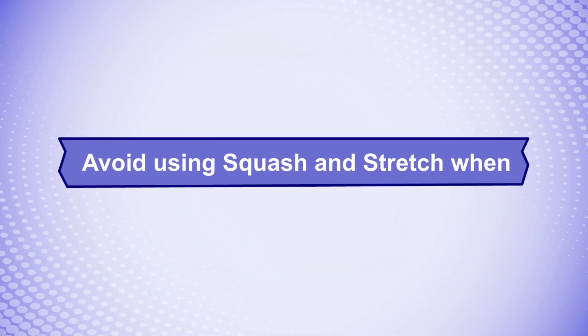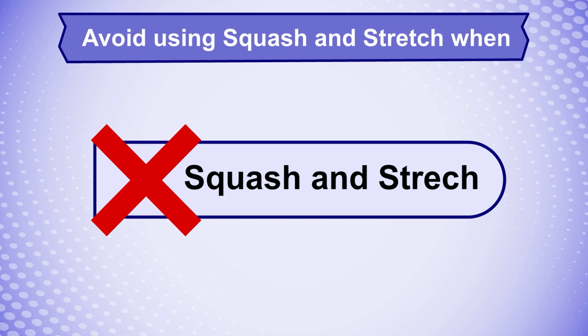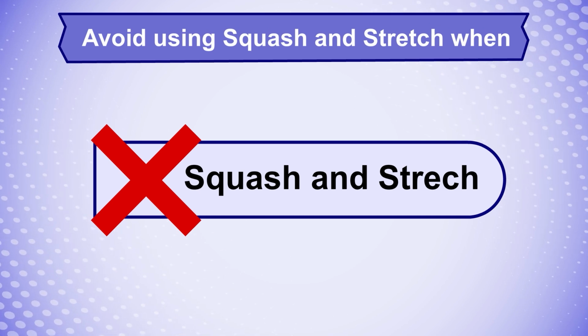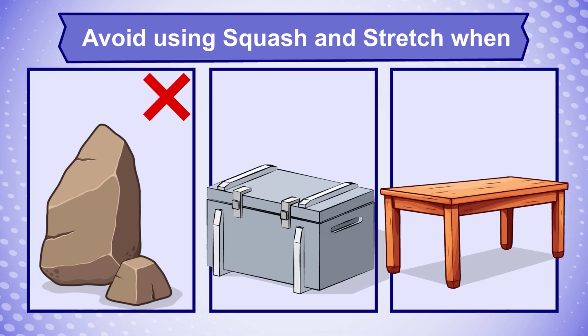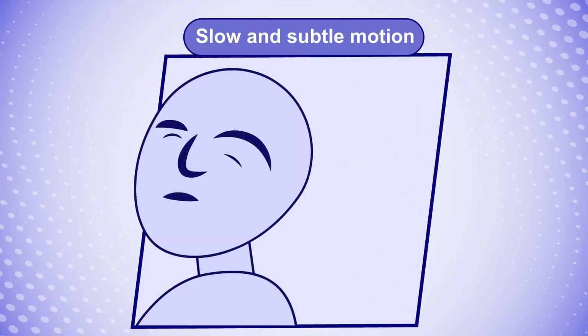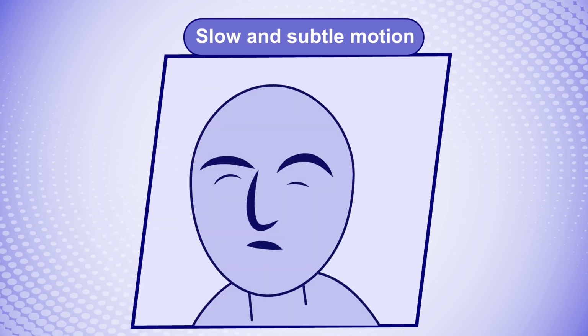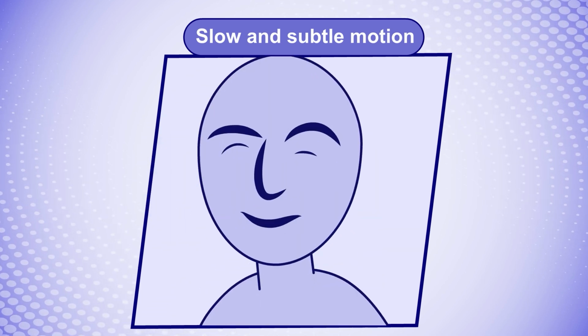There are times when you do not want to apply this principle. Avoid using squash and stretch when the object is hard like a rigid rock, metal box, or a wooden table. Avoid it when the motion is very slow or subtle like a character standing still or slowly turning their head.